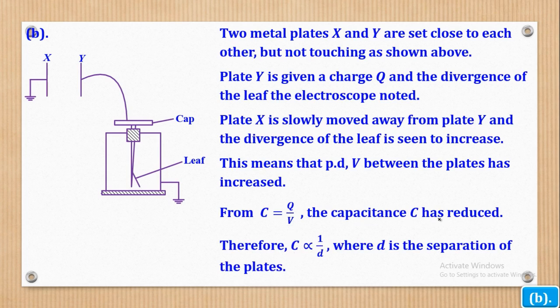Because capacitance has reduced when you increase the separation, it implies that the separation and capacitance are inversely proportional. That is why you see here C is inversely proportional to D, where D is the separation of the plates. And that is how marks would be awarded.